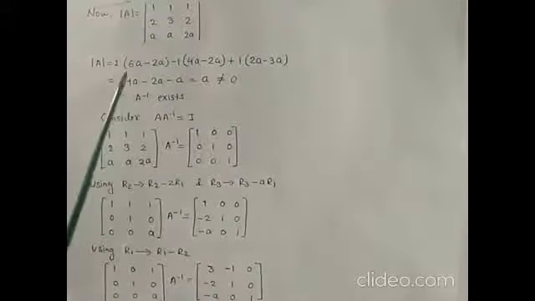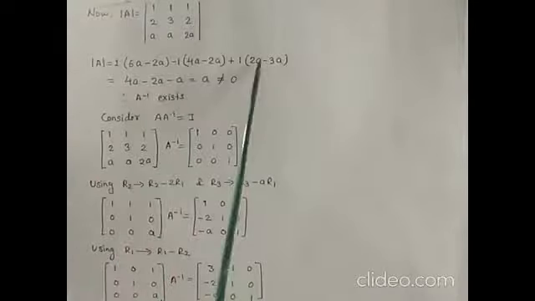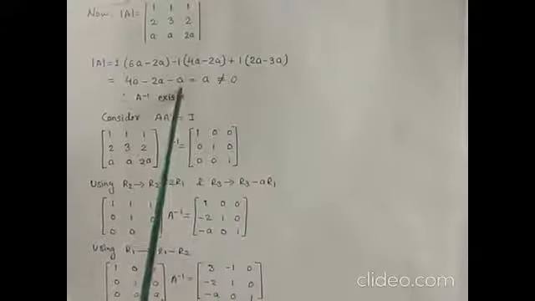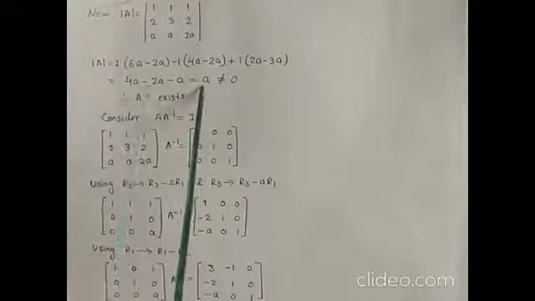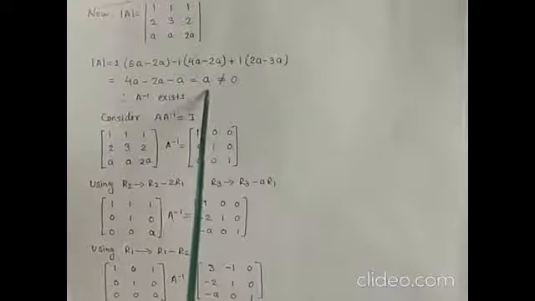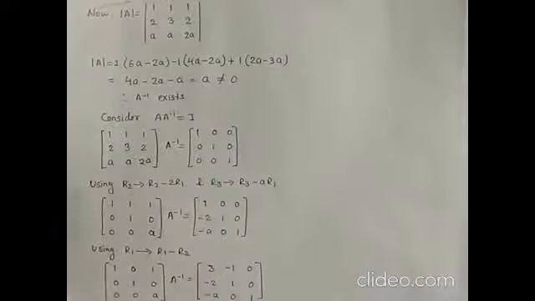That gives 4a minus 2a, minus 2a, plus 2a minus 3a, which is minus a. The answer is 4a minus 3a, that is equal to a, and we are given that a is not equal to 0, and that's why A inverse definitely exists.